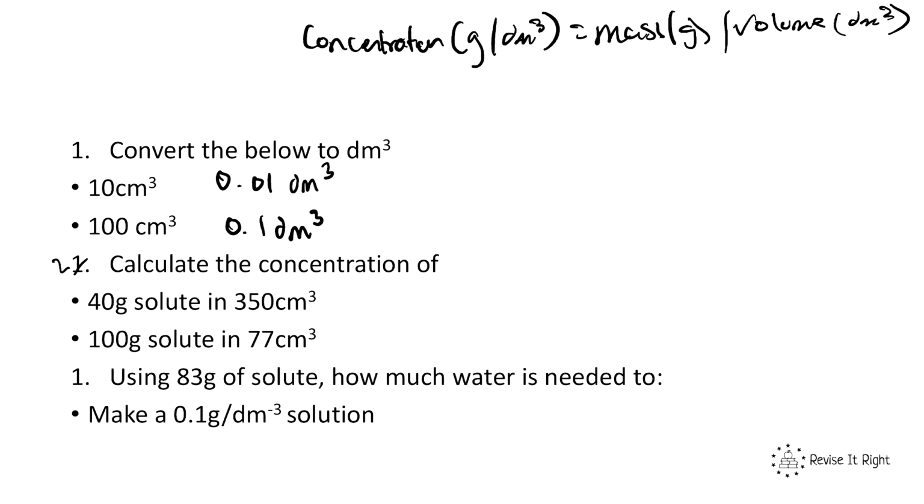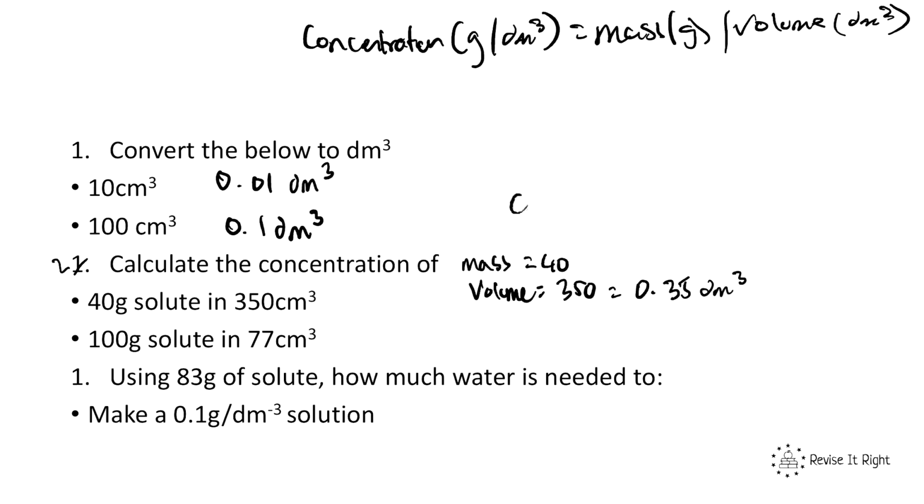Okay, so we have a mass of 40 and a volume of 350 centimeters cubed, but to get that into decimeters cubed, which we need to do, we need to divide it by 1,000. So we do 350 divided by 1,000, and we get 0.35 decimeters cubed.